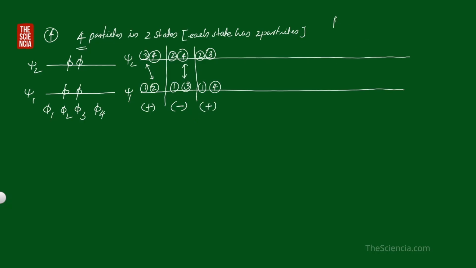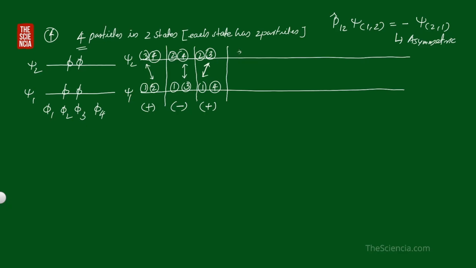That is, I told you, if the particle exchange operator is operating on a state psi 1, 2, then we get minus psi 2, 1. This is the condition for the asymmetric operator, right? So now again I am going to use this particle exchange operator. Now I am exchanging 1 and 3.